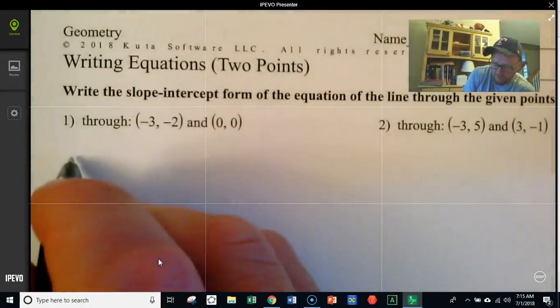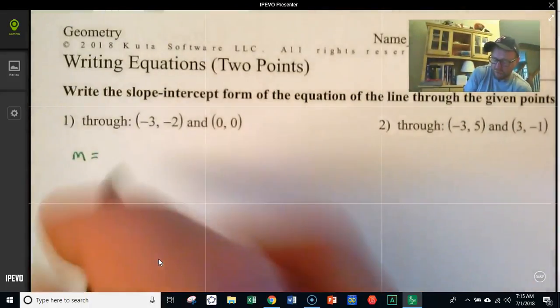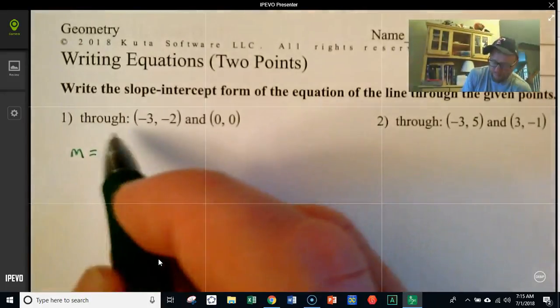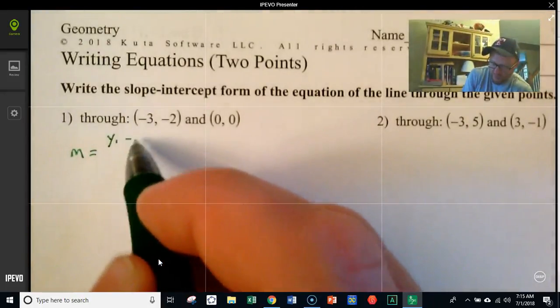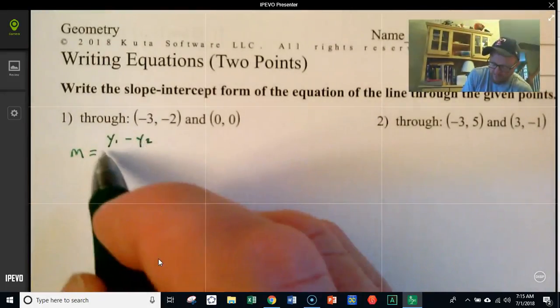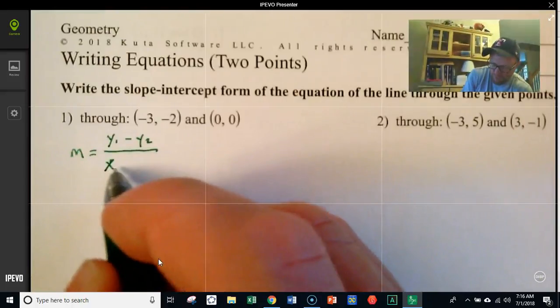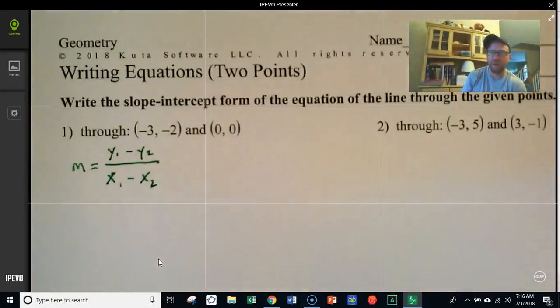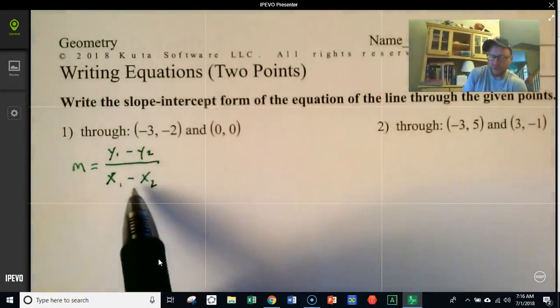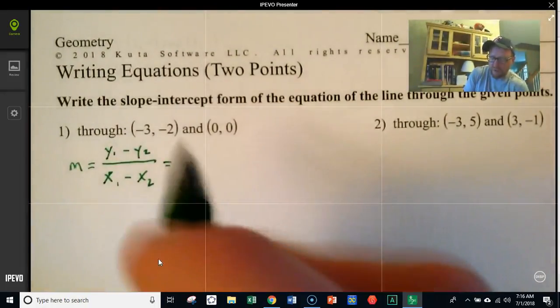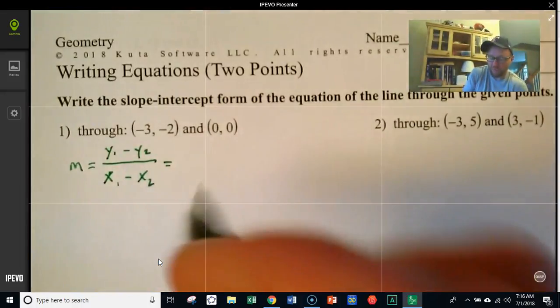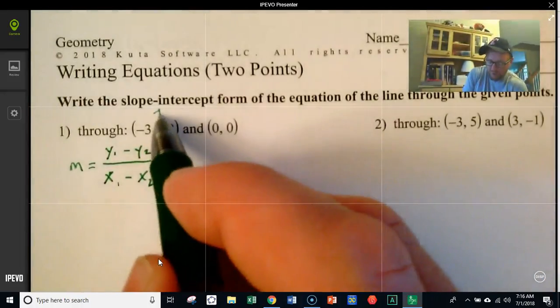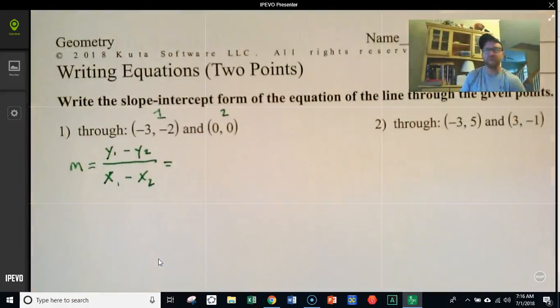First, we're going to find slope. Using our slope formula, y sub 1 minus y sub 2 over x sub 1 minus x sub 2. This is the shorthand way of writing your change in y over your change in x. It doesn't matter which one is point 1 and which one is point 2; you'll get the same answer if you reverse them.